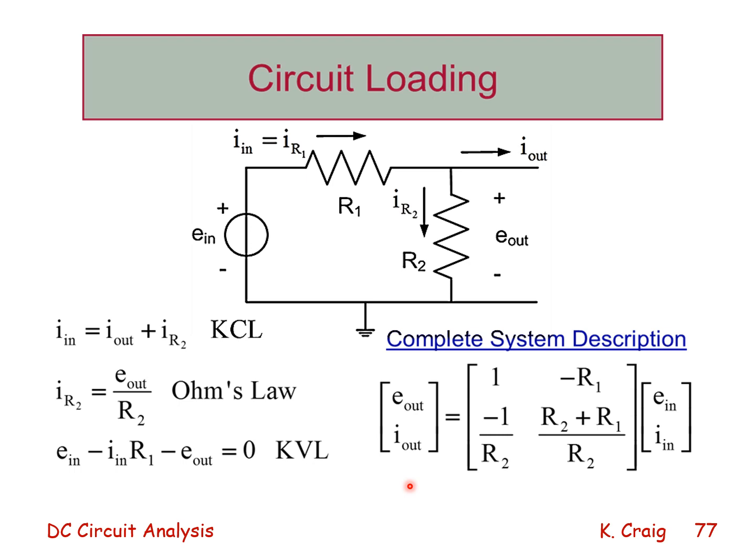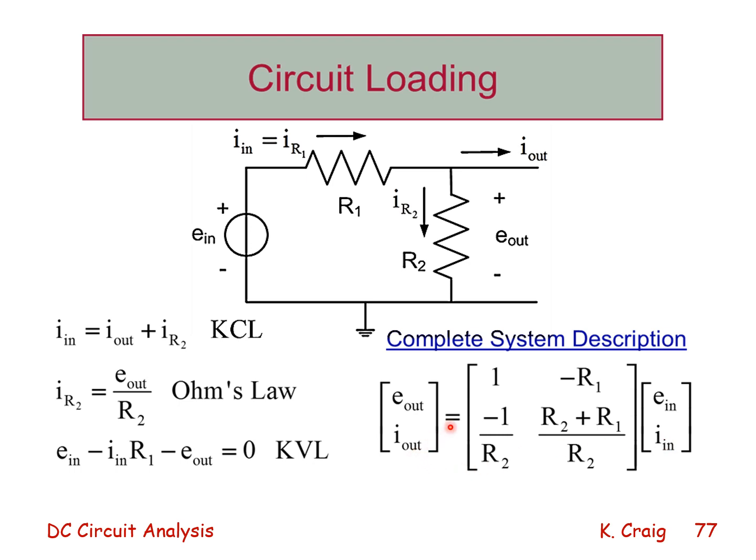So if you're familiar with matrices, and you will become familiar with matrices, as MATLAB stands for Matrix Laboratory, and we will be using MATLAB extensively, you can read this as E out equals 1 times E in minus R1 times I in.